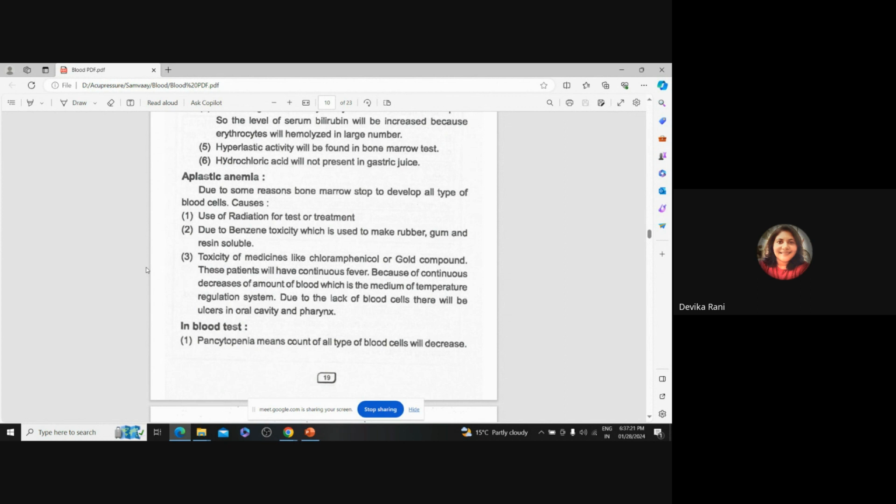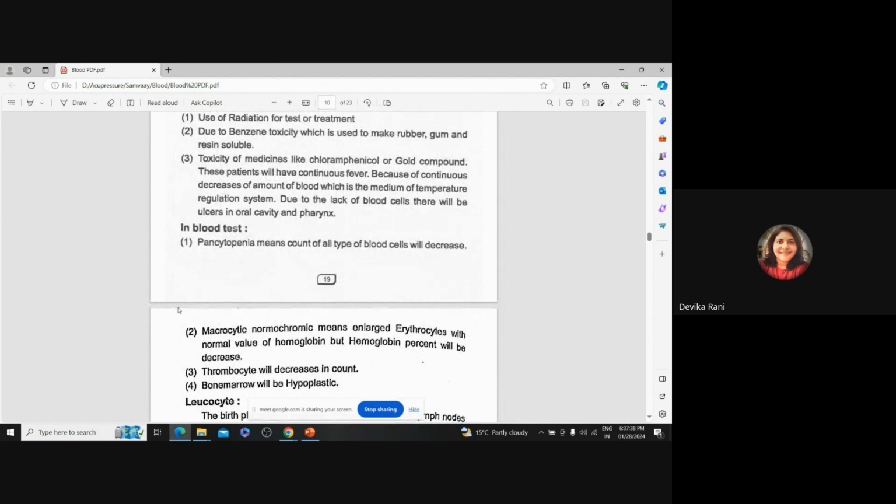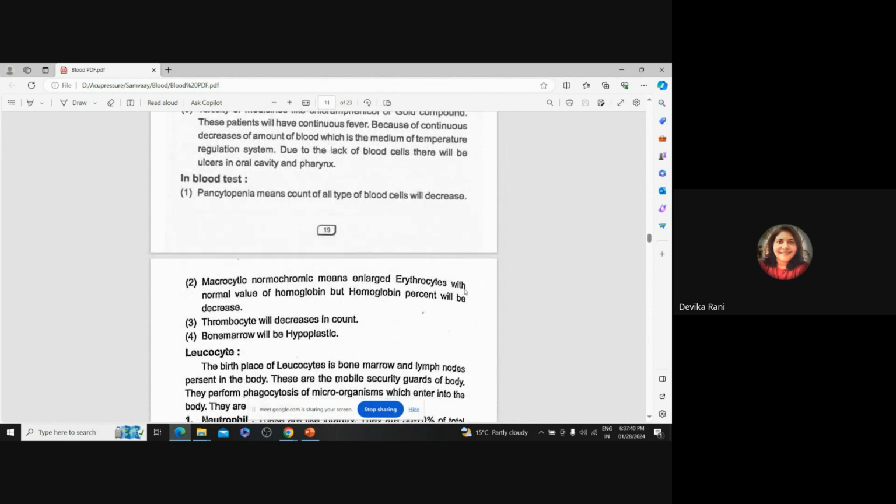There will be ulcers in the oral cavity and pharynx. In the blood test, pancytopenia means the count of all types of blood cells will decrease. There will be enlarged erythrocytes with normal value of hemoglobin, but hemoglobin percent will decrease.